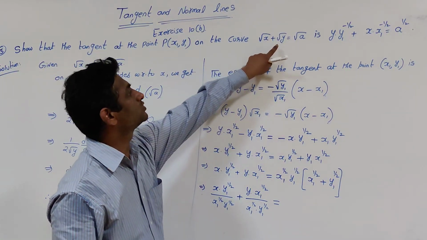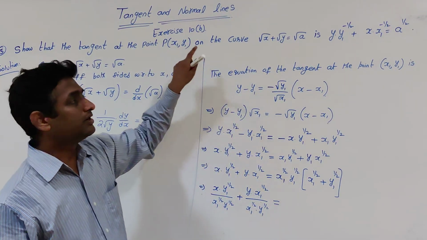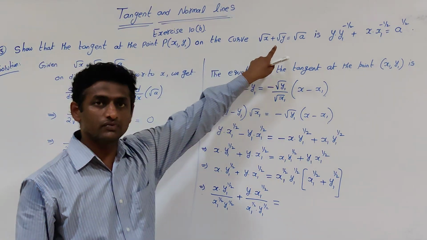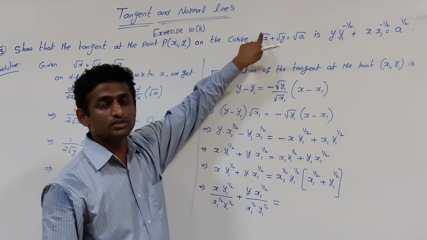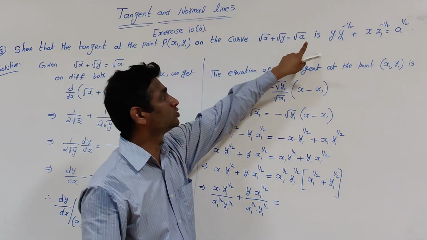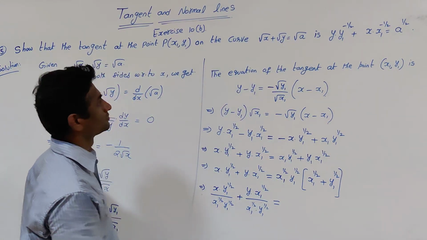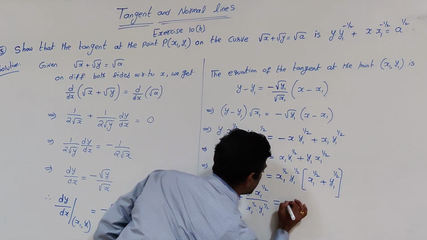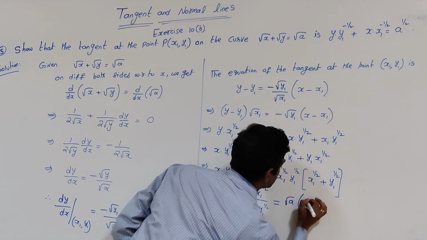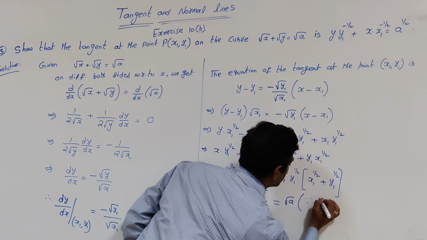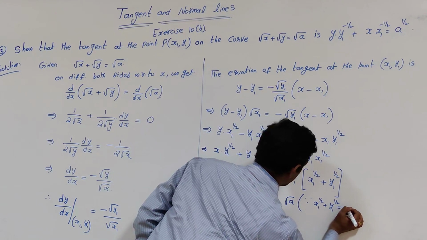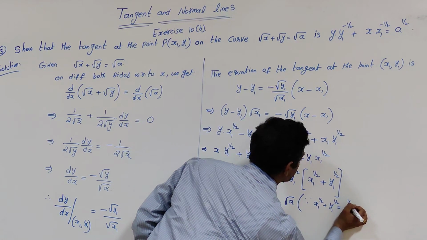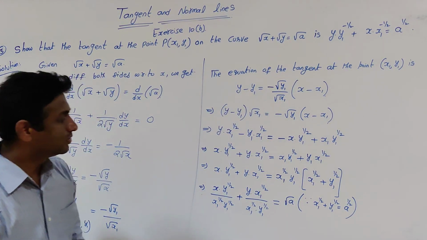As the curve is root x plus root y is equal to root a, if you substitute x1 y1 in the curve it should satisfy the curve. So root x1 plus root y1 gives again root a. So x1 to the power of 1 by 2 plus y1 to the power of 1 by 2 is equal to a to the power of 1 by 2, or root a.